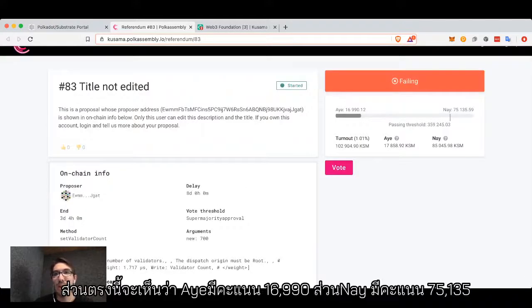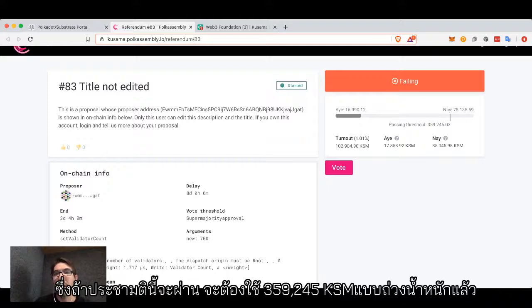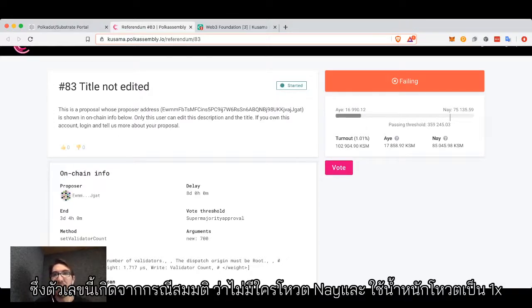But we can see here the ayes have 16,990, nays 75,135. And in order for this to pass, we're going to need to have 359,245 weighted Kusama voting for it before it will pass. So that, of course, assumes that no one is voting nay and that they're voting at 1x weight.